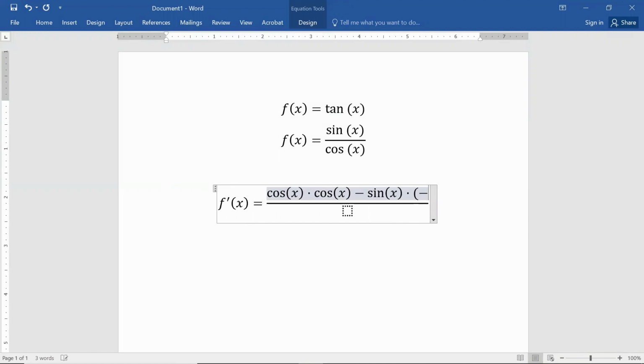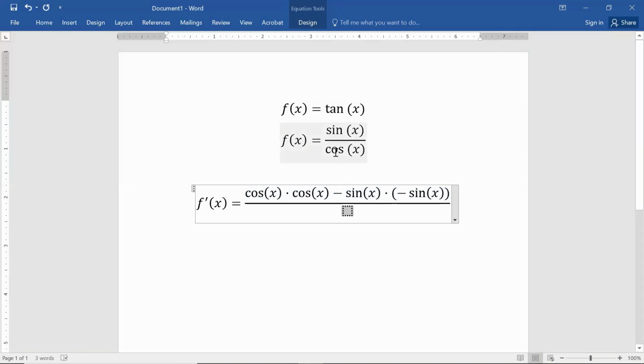Derivative of the denominator is negative sine. And then that is all divided by the normal denominator squared. So we have cosine of x squared. So that's the derivative of tangent.